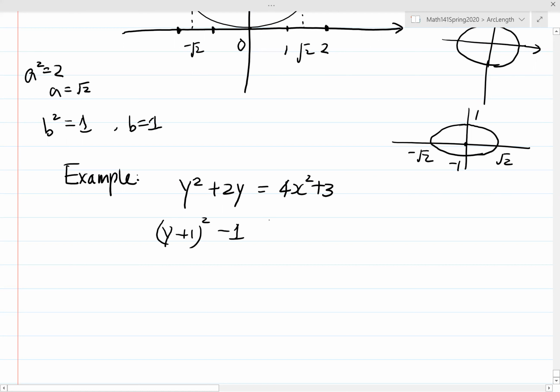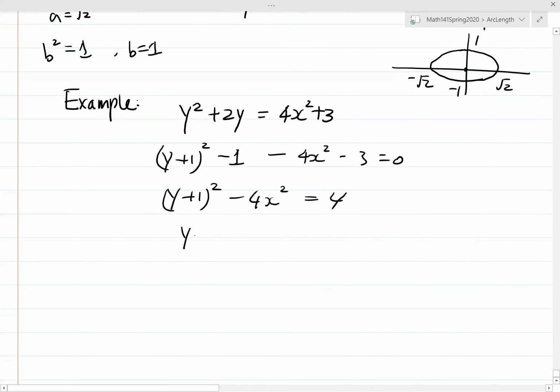Complete the square from here, then subtract x squared. Move 1 to the other side: subtract 3 is 0. So this is (y plus 1) squared minus 4x squared is 4. Divided by 4, you get (y plus 1) squared over 4 minus x squared is 1.